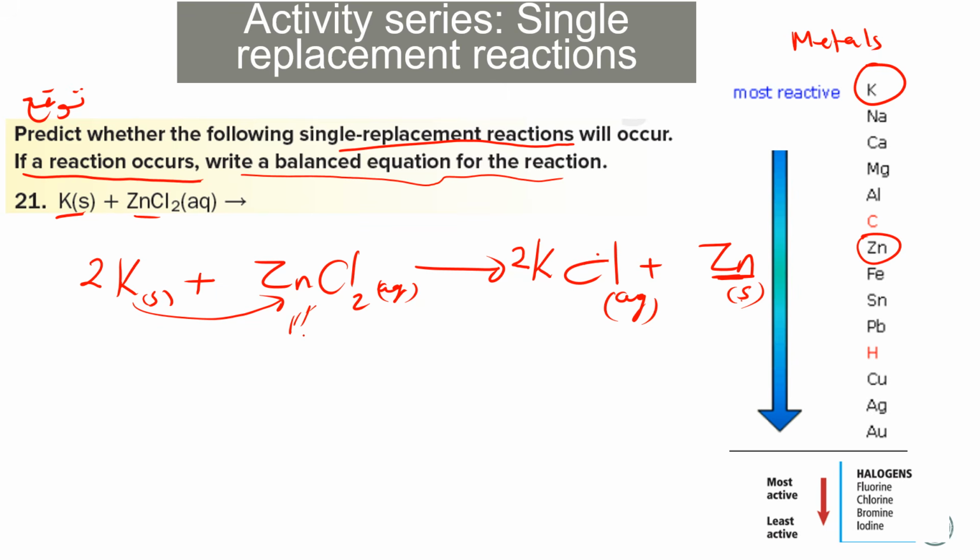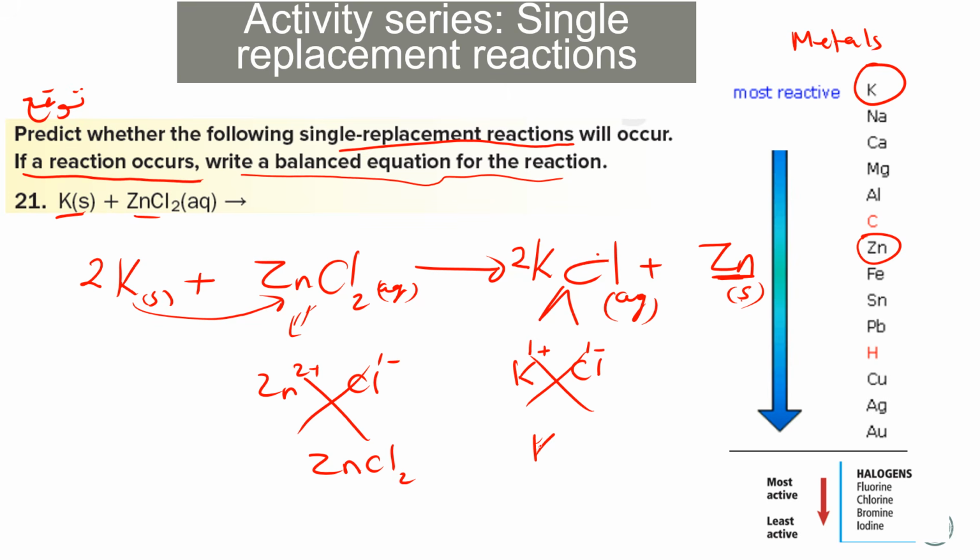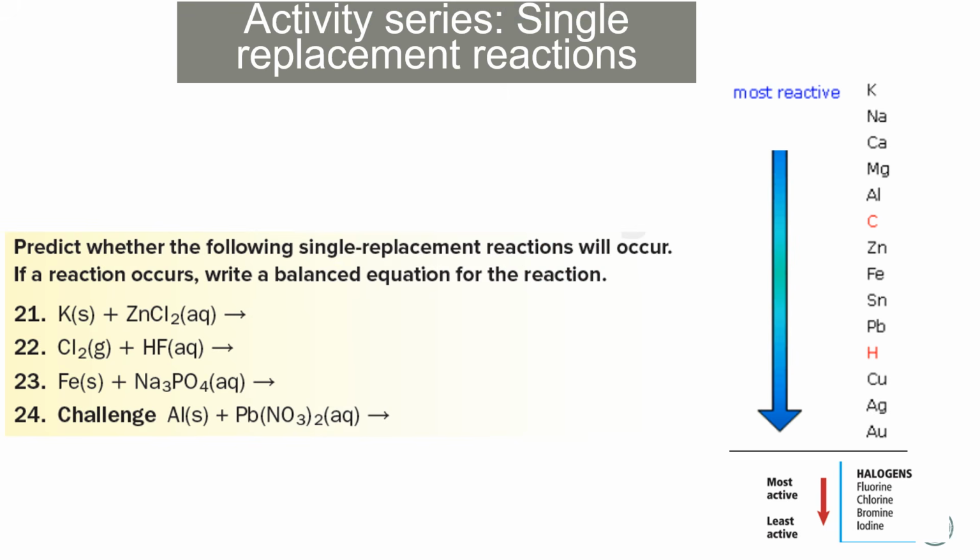This is Zn plus 2 because Zn has a charge of plus 2, Cl has a charge of minus 1. We exchange, then you get ZnCl2. الKCl لأنه الK موجودة في جروب واحد الفصل الدراسي اللي طاف so K plus 1 Cl minus 1 exchange KCl. That's why I told you it's very important to revise the stuff from term 1, guys, okay? So let's do 22. So Cl2 and HF.